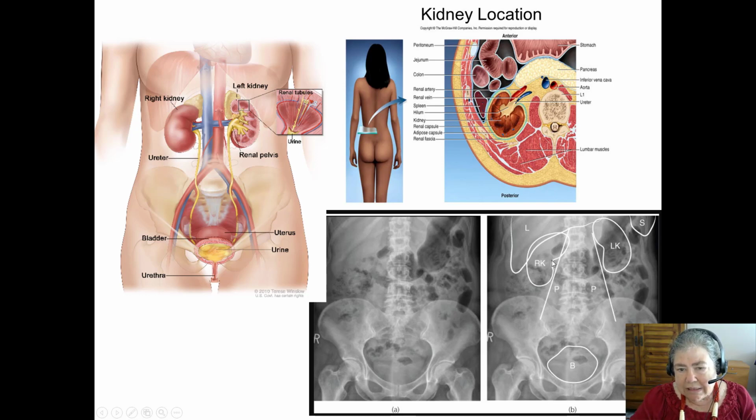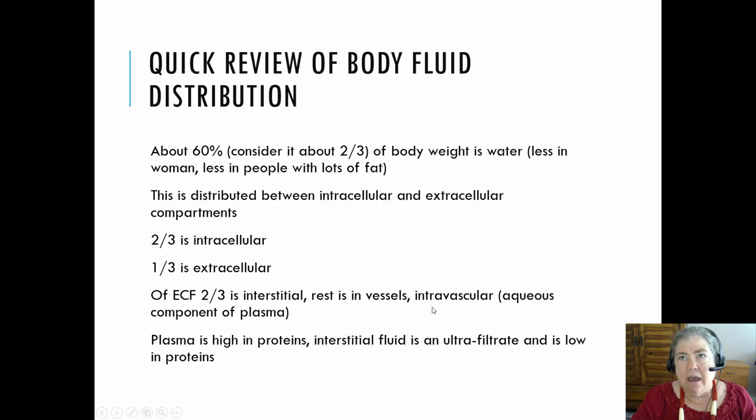But if you know that this is the right renal pelvis, and that the ureter comes down and travels alongside the vertebra until it enters the bladder, sometimes this is a view on which we can see radio-opaque kidney stones. Occasionally you can see evidence of a swollen kidney.